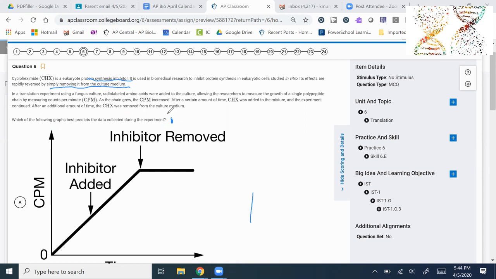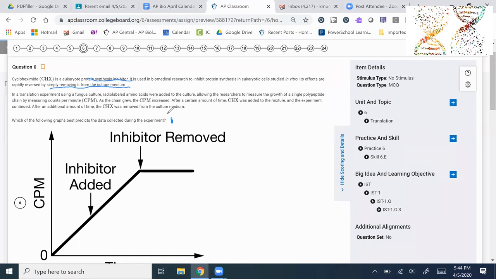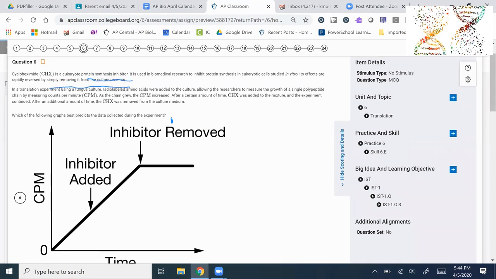So if I could ever get my computer straight. So let's see. When I just look at this one, it says an inhibitor is added right here, and this is an inhibitor removed. If it's an inhibitor, why would it continue to go up? So I'm going to say no way to that one.